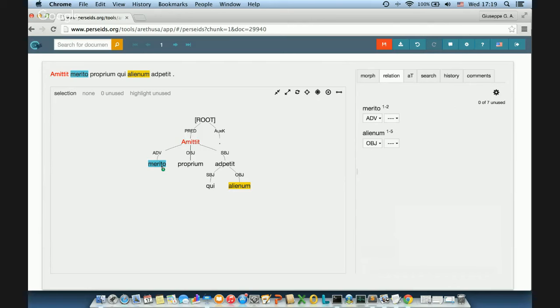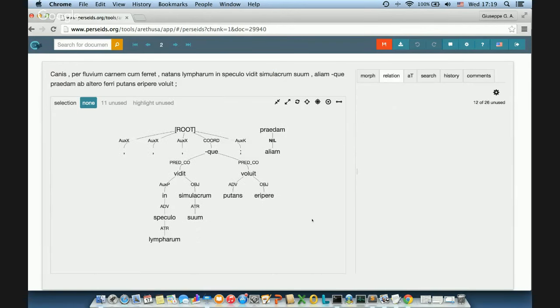I'm only saying that from the perspective of the structure and of the syntax, merito is not really required by amitto. I'm using this as a paraphrase, as a synonym: it is not specific to amitto, while a subject and an object are cases which are specific to a certain class of verbs.